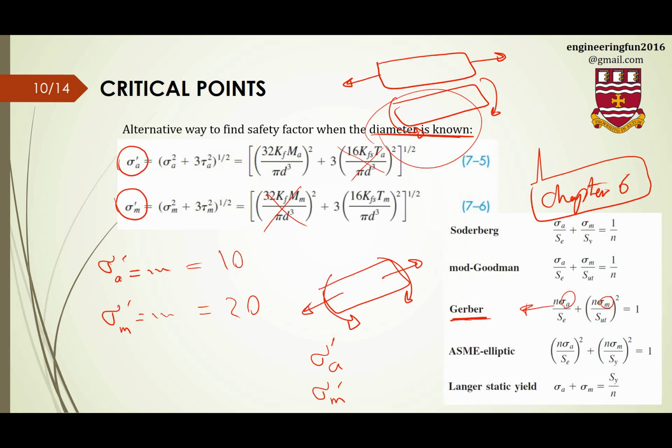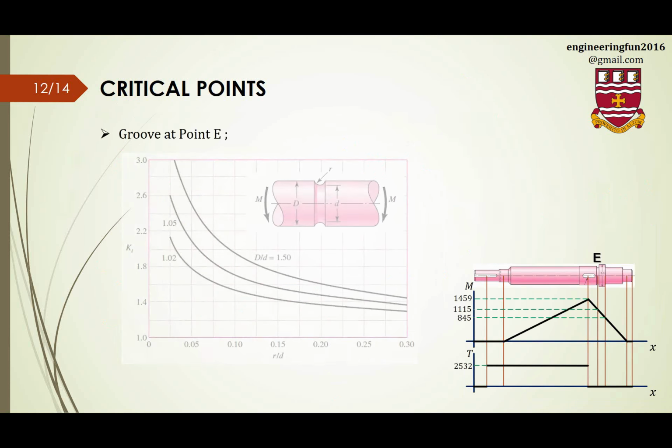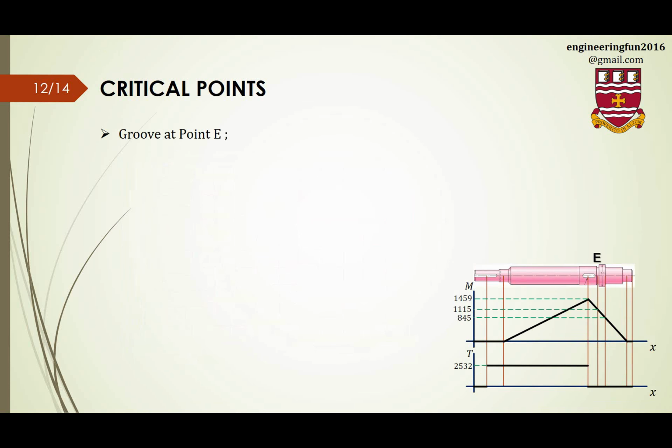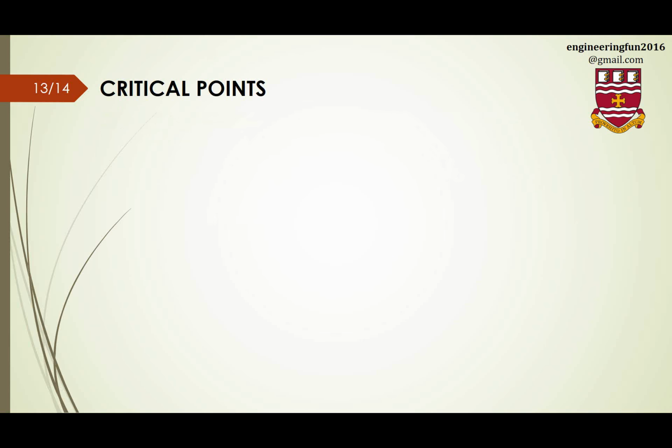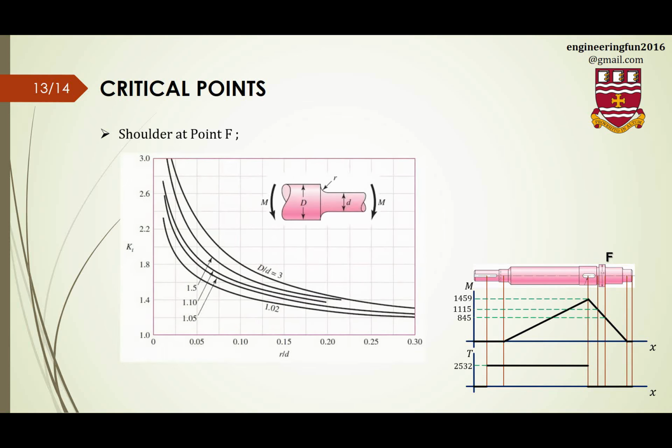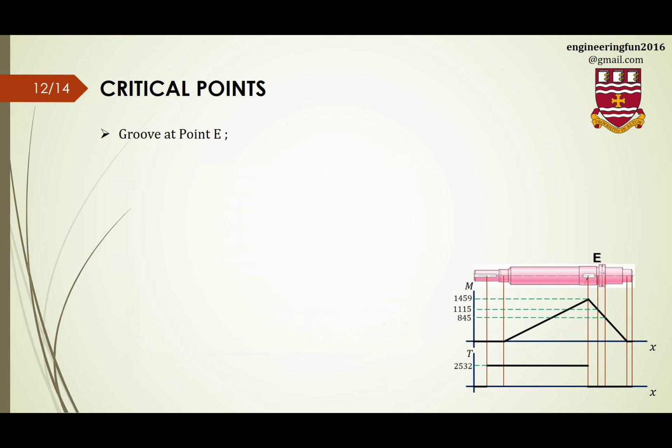So what I can do, I can easily find, let me just write the final value for A and B. That's kilopound inch, and I just said B is 0. So with these two values and using that equation, we can find n, which is 4.47.